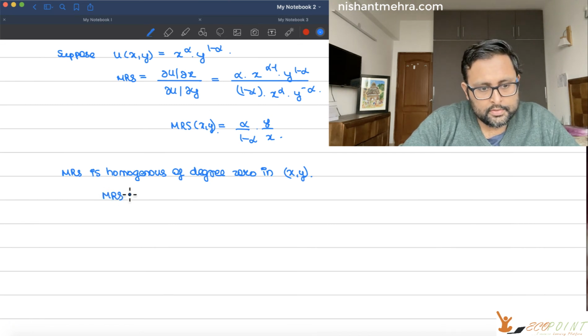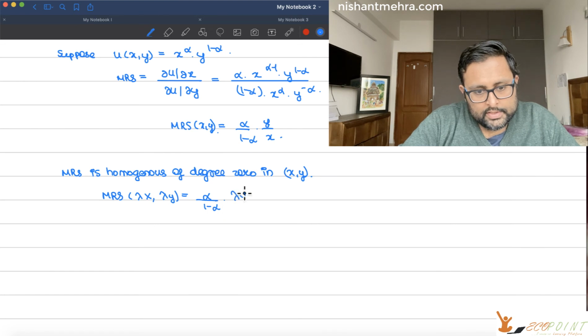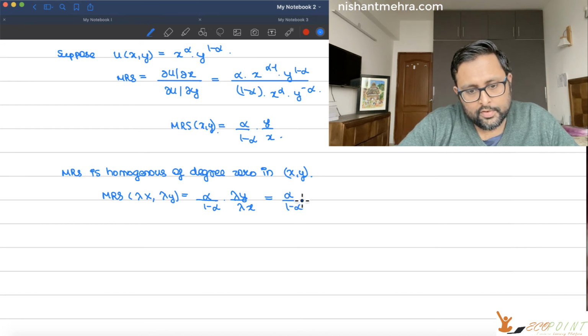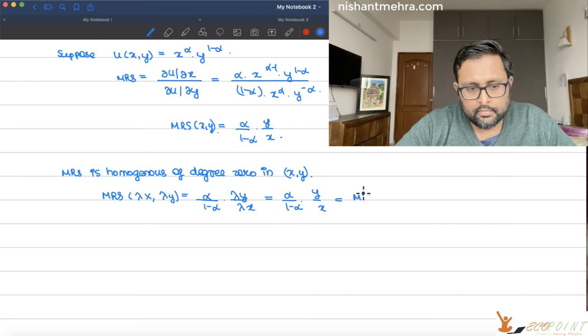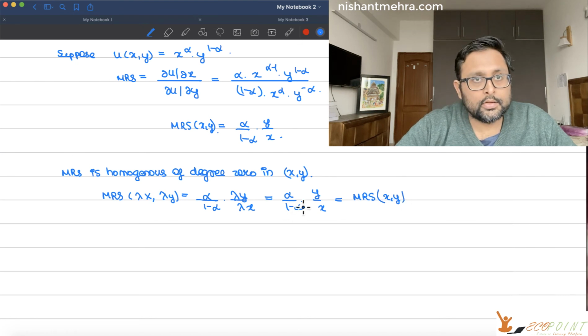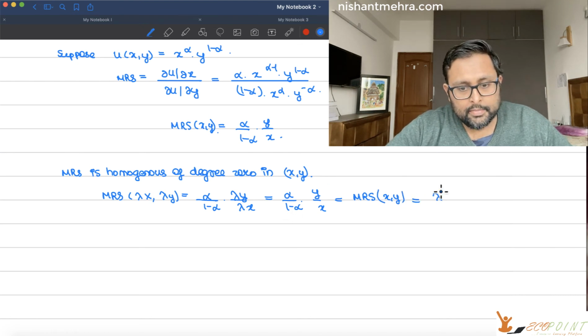Your MRS at lambda x, lambda y would be what? Alpha upon 1 minus alpha, lambda y upon lambda x. So it is alpha upon 1 minus alpha, y upon x, the same thing as MRS xy. So you can also write this as lambda to the power 0 times MRS xy.